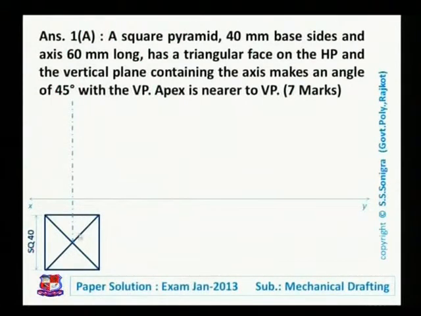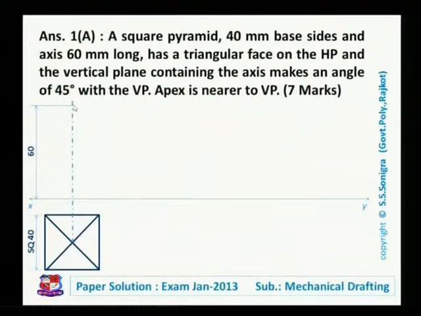Draw the center line from these intersection lines like this. Now the height of this triangle is given, that is 60 mm. So from this XY line, mark a point at a distance of 60 mm on this axis like this. From here to here the distance is 60 mm.